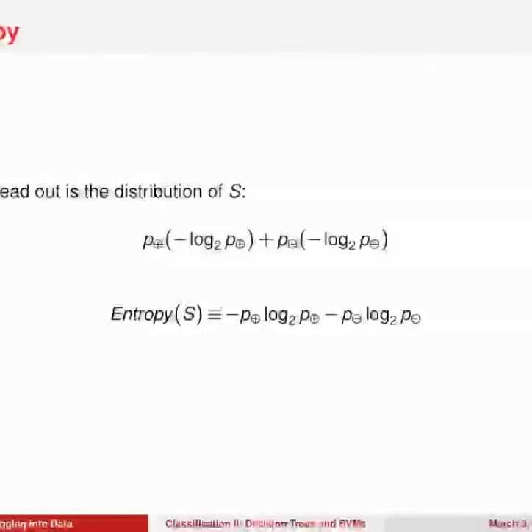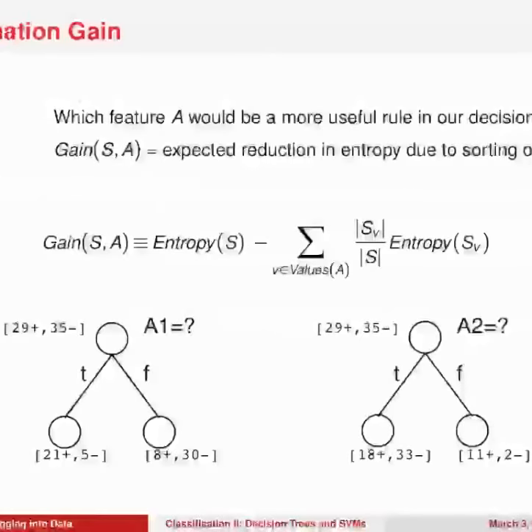We use the definition of entropy to define how much we gain by using a particular attribute. This is called the information gain. How much does the entropy reduce based on sorting or splitting on A? So what we need to do is take the original entropy and then take the expected entropy for each of the splits.